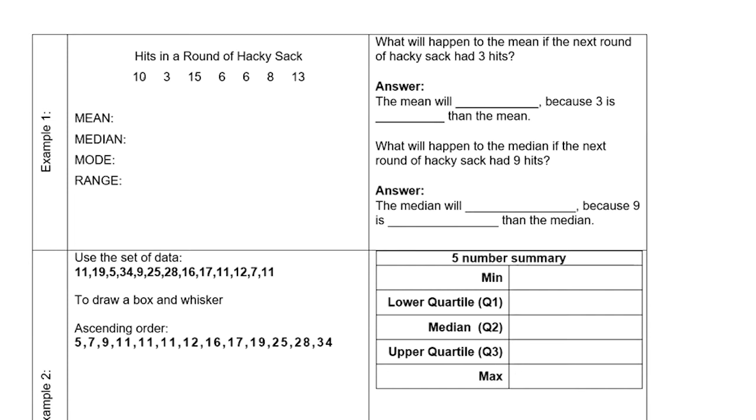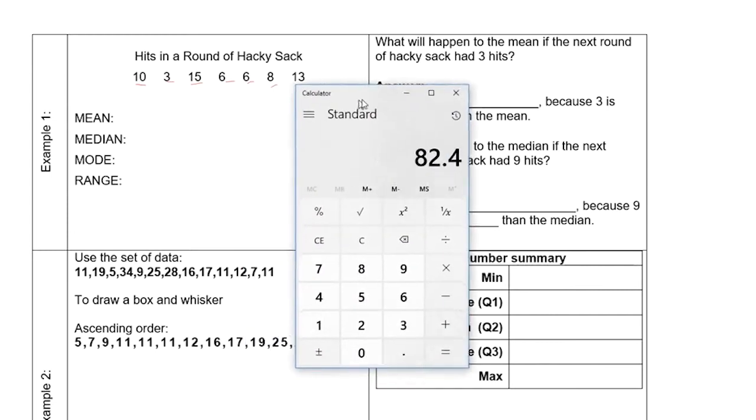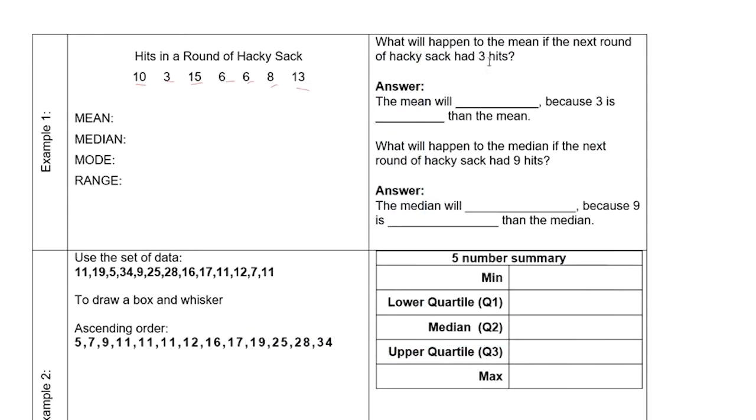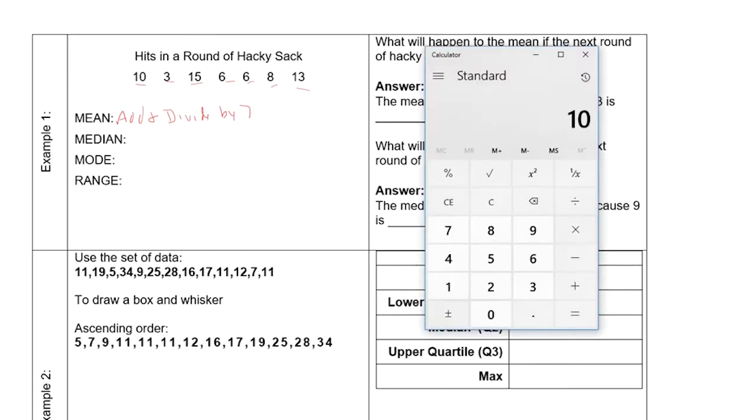So our mean. We're going to add all of these numbers up and divide by 1, 2, 3, 4, 5, 6, 7. Okay, so we're going to add them up and divide by 7. So let's do that. Let's take 10 plus 3 plus 15 plus 6 plus 6 plus 8 plus 13.